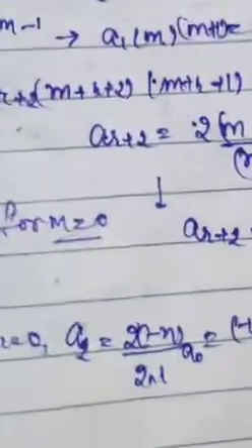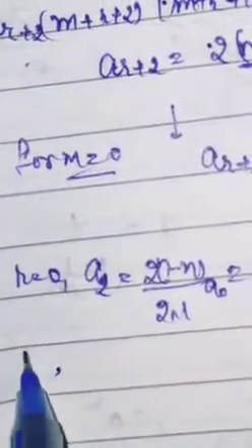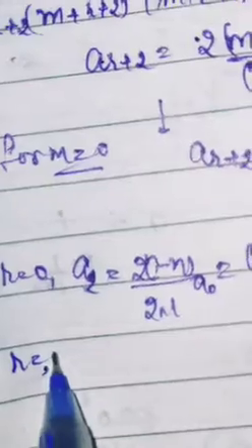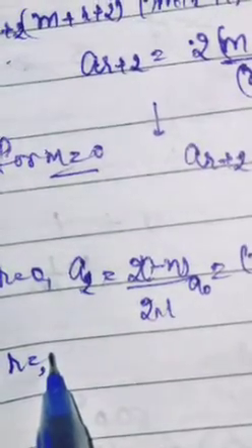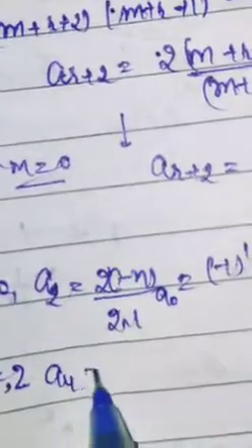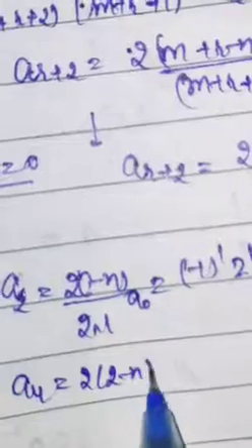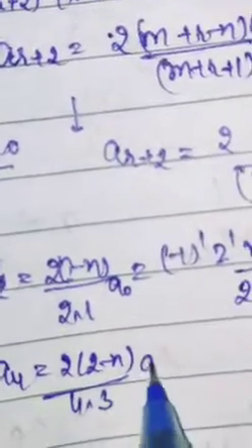We have to find the different values of a_r, putting the value of r as 2 now. So a4 gives the result 2 into (2 minus n) divided by 4 into 3, a2.